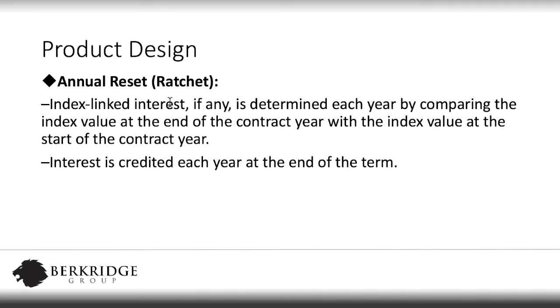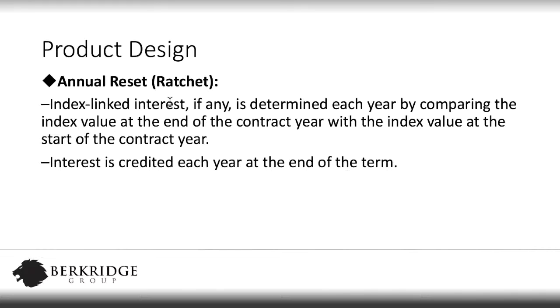So, annual reset or ratchet. Index-linked interest, if any, is determined each year by comparing the index value at the end of a contract year with the index value at the start. If you start on February 20th of 2016, for example, that's when it starts.